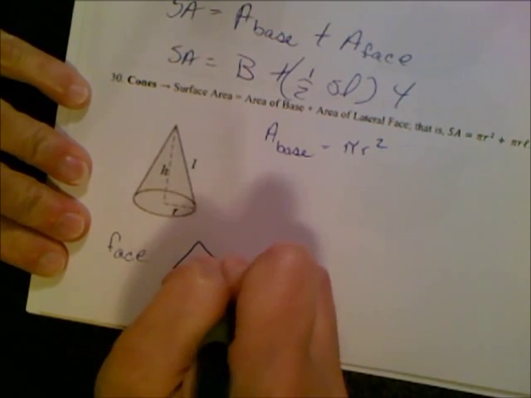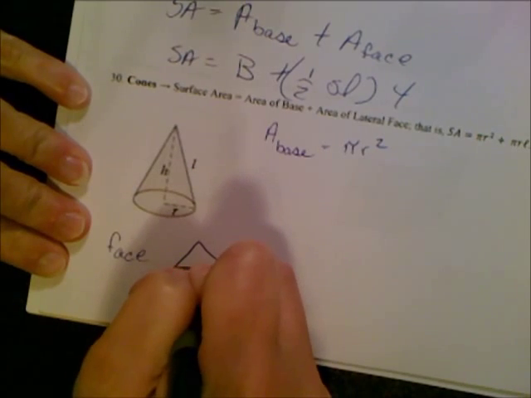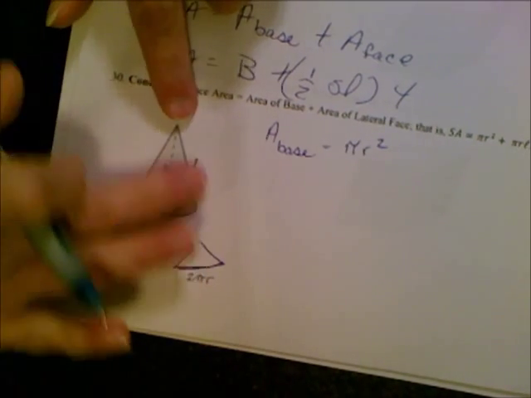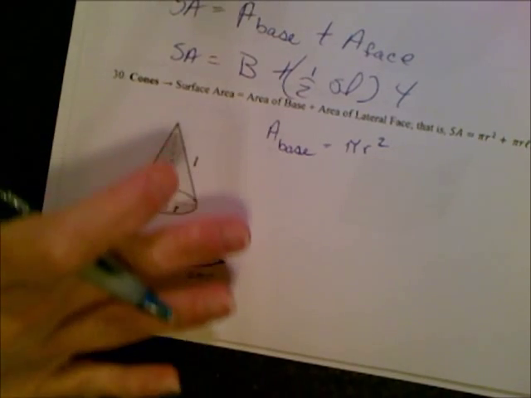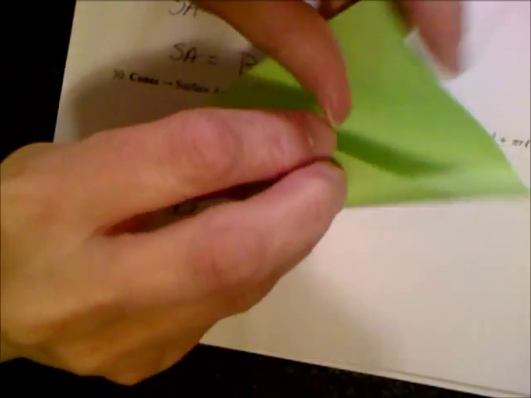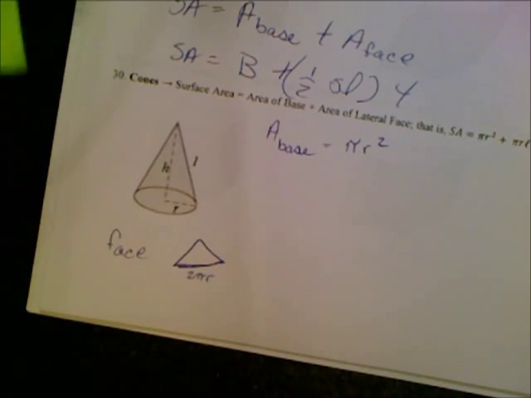The distance across the bottom here is going to be 2 pi r, because you're going to cut up the side and spread that thing out. So imagine, you've got a cone. I'm going to take this, I promise I'm going to make one real quick.